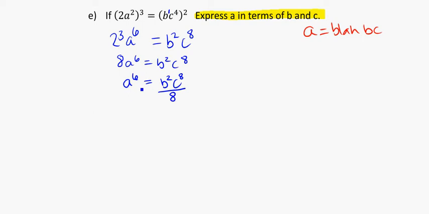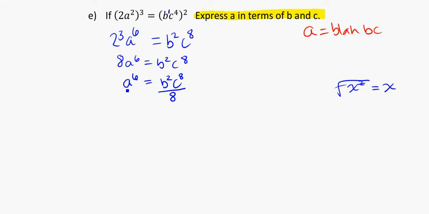Okay, we're almost there. We've got a almost by itself, but this is a to the power of 6. Remember, that's really 6 a's over here. And we need to think about trying to get it totally by itself. Kind of like x squared, if I took the square root, those will cancel each other out, because squares and square roots are kind of opposites of each other, so I would get the x back.